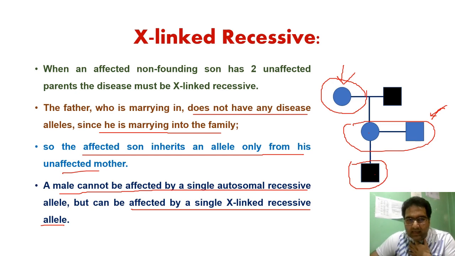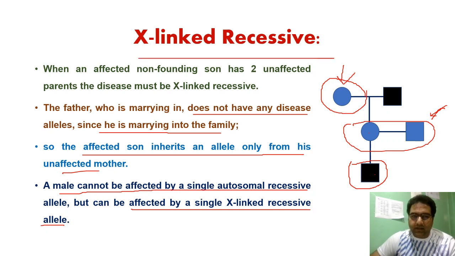So this very allele he might have received from the mother as a carrier. So this is the X-linked recessive disorder. Now again we will discuss this later, but this is a son who has two unaffected parents, clearly indicating that this disease must be an X-linked recessive disease.